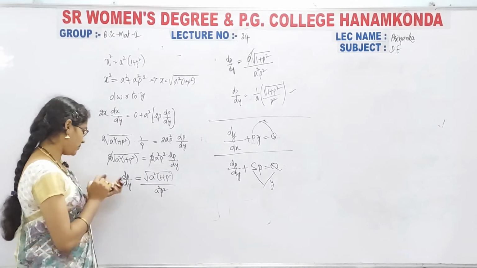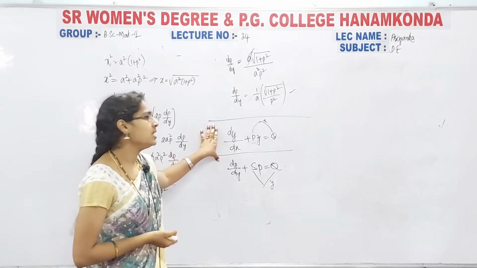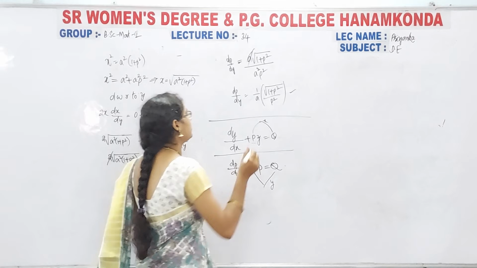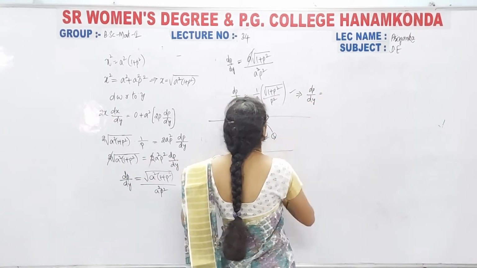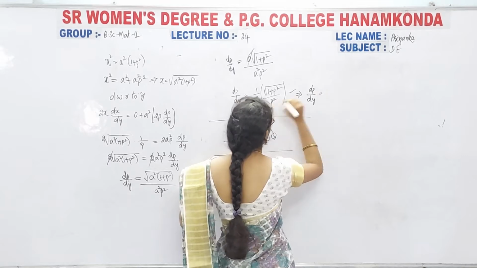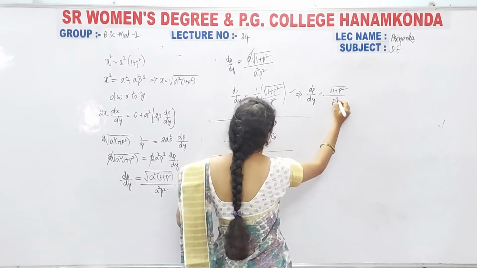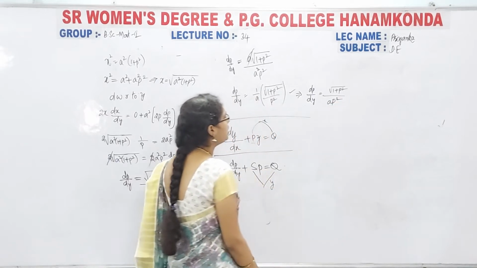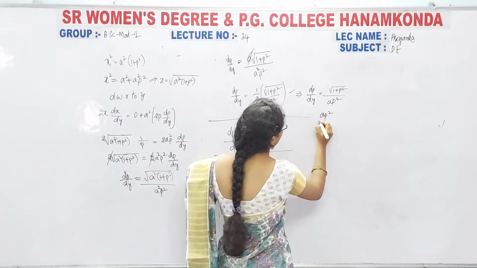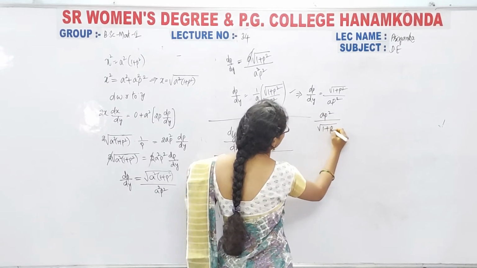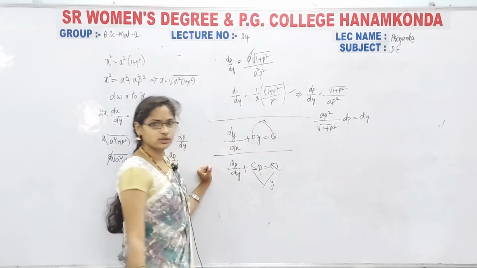I hope you can, because you already know this procedure. So just take this form, dp by dy equal to under root of 1 plus p square by a p square. Otherwise, simply you can take a p square by under root of 1 plus p square into dp is equal to dy. So like this also you can take.